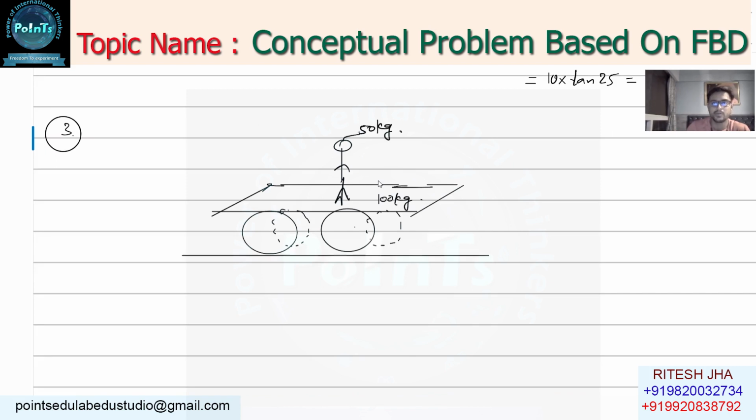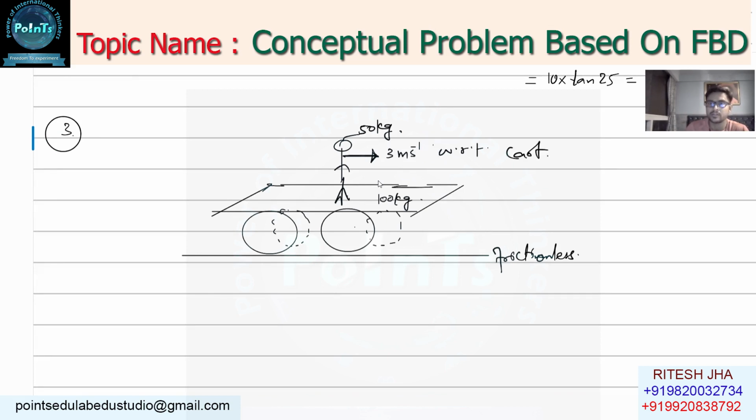This is a frictionless floor. Now this 50 kg person is walking in the forward direction, walking forward with 3 meters per second with respect to the cart.